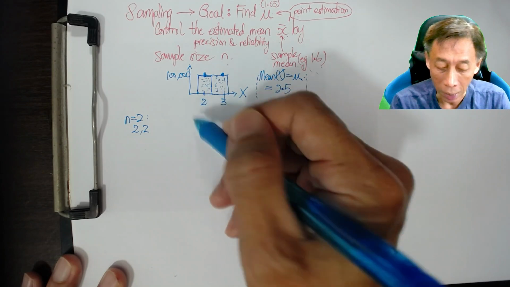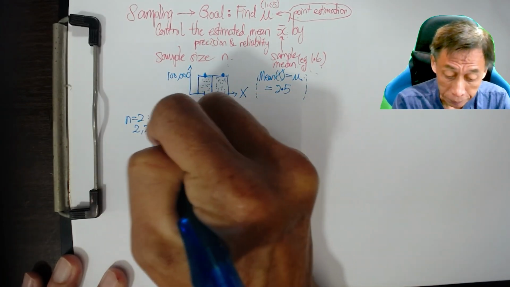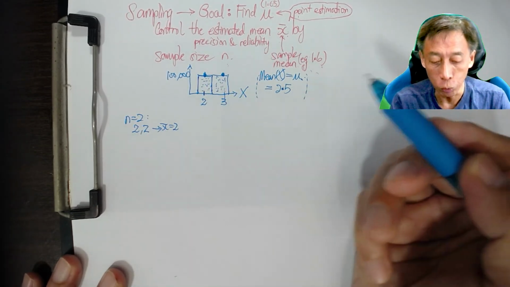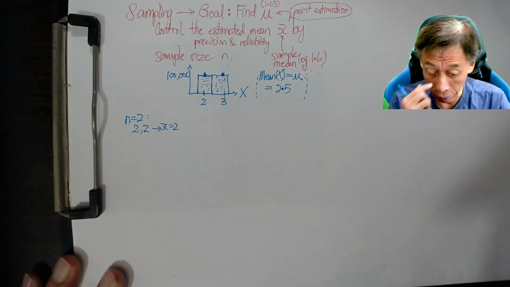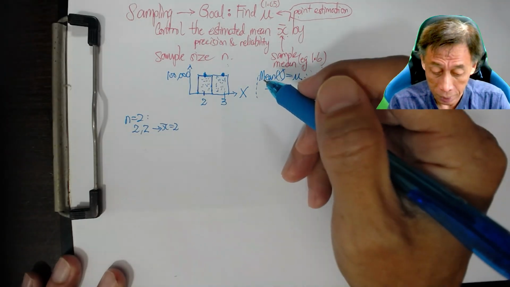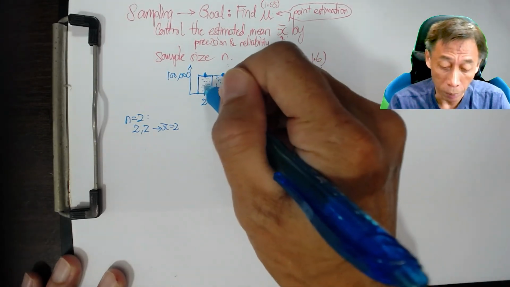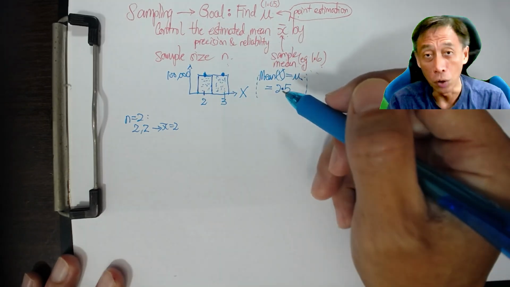So once you get that, your X bar is going to be $2, because the average of 2 and 2 is 2. And what happens if you get that a lot? Then you will get a bar on top of 2. So the average is 2. But that would not be the only case.